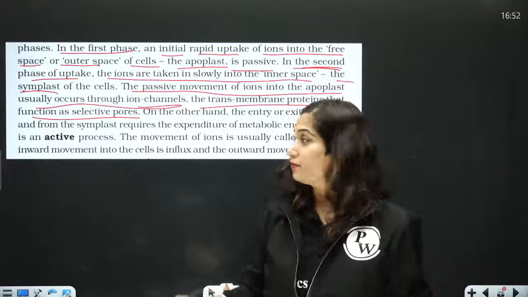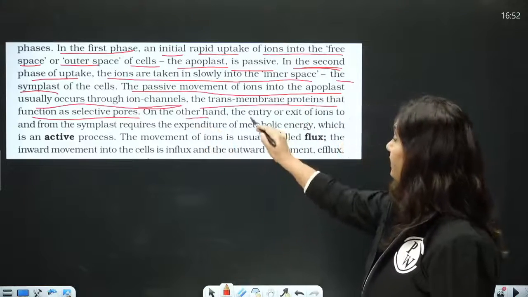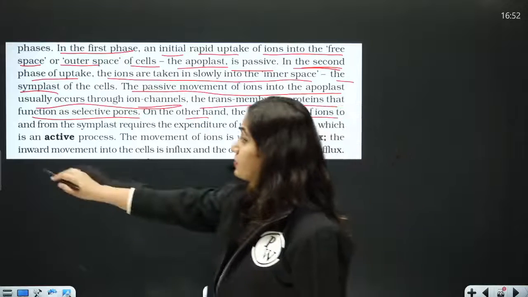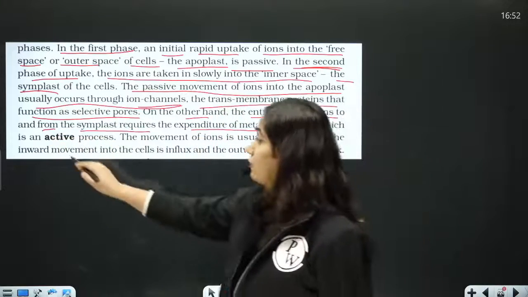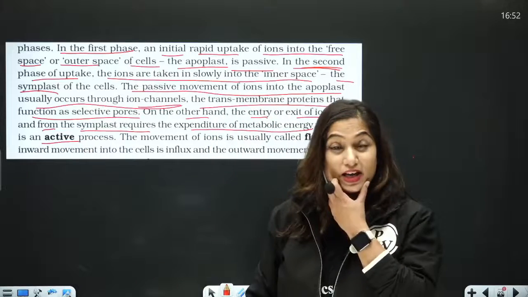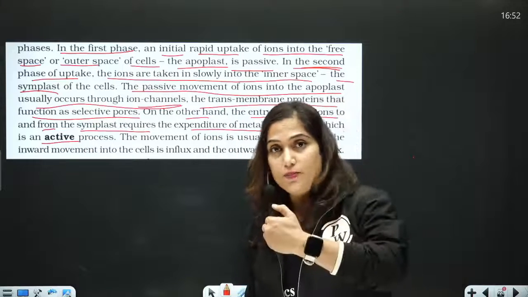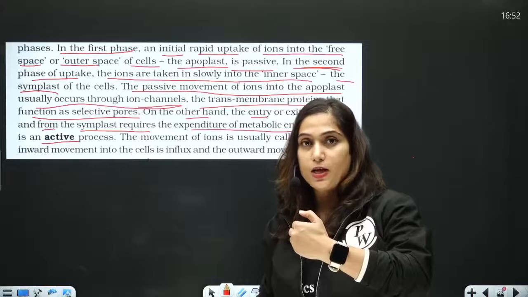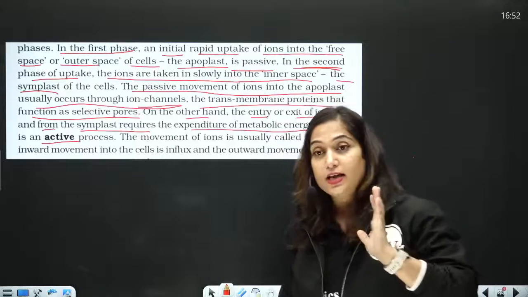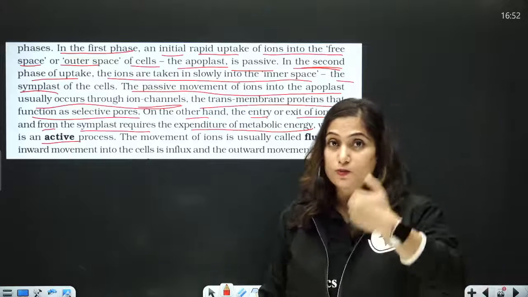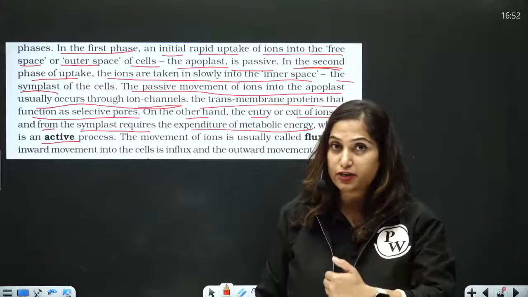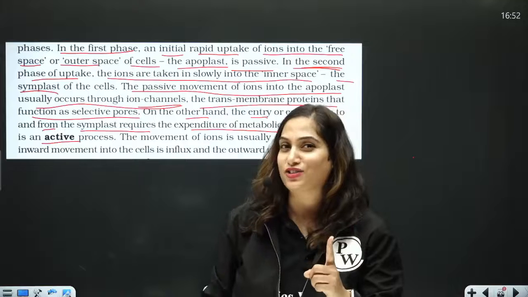That is not active. On the other hand, the entry or exit of ions to or from the symplast requires the expenditure of metabolic energy. If anything has to cross the plasma membrane or the symplast, the living space of the cell, to take entry into the cell or to go out of the cell, it will require energy.